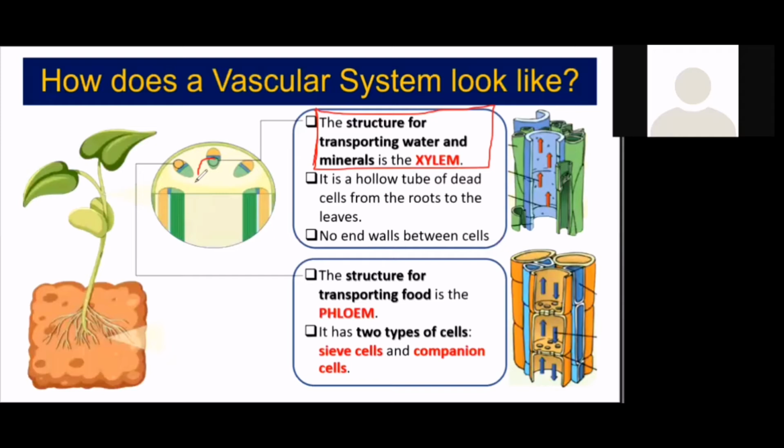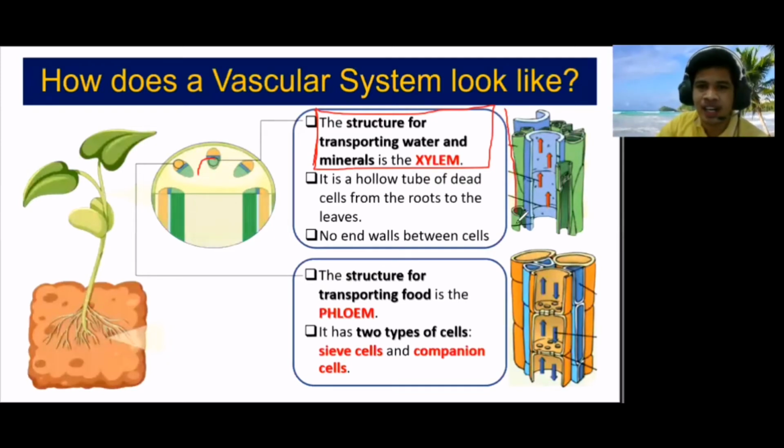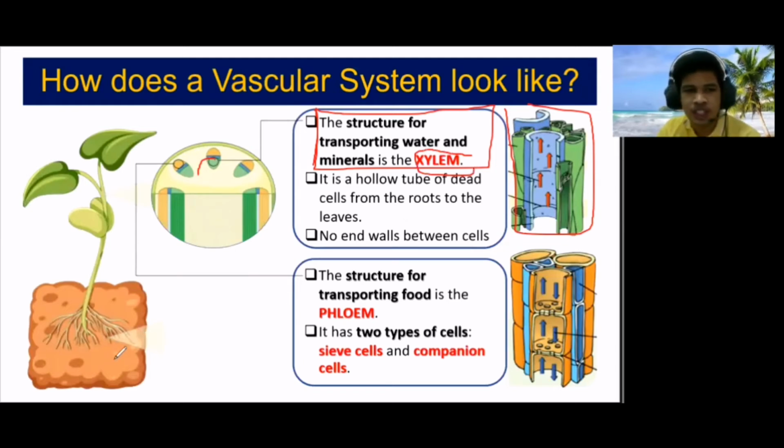So this part here, number one, the green part, the structure for transporting water and minerals. Xylem is the one that transports water and minerals from the soil going to the other parts of the plants. Okay, water and minerals, right?